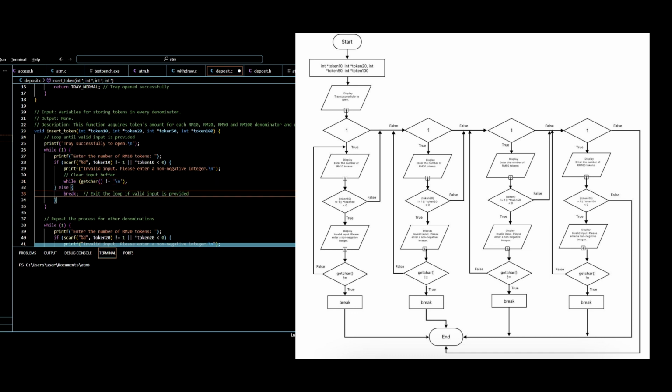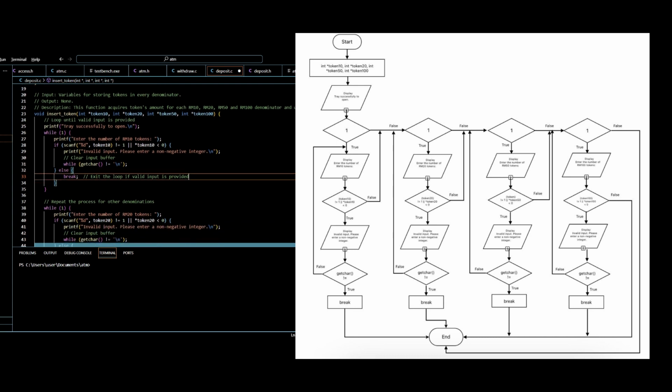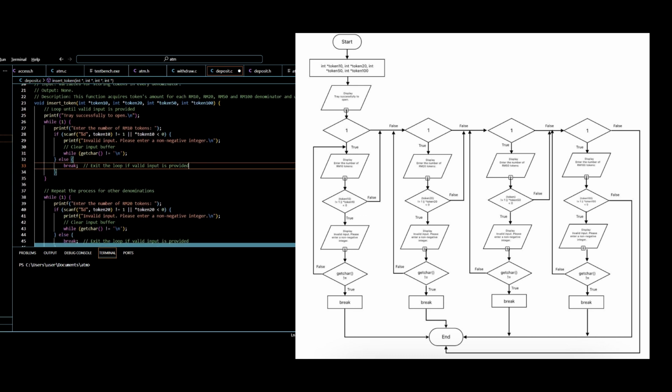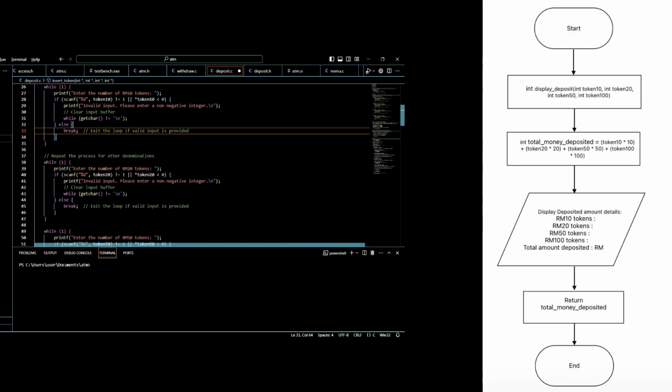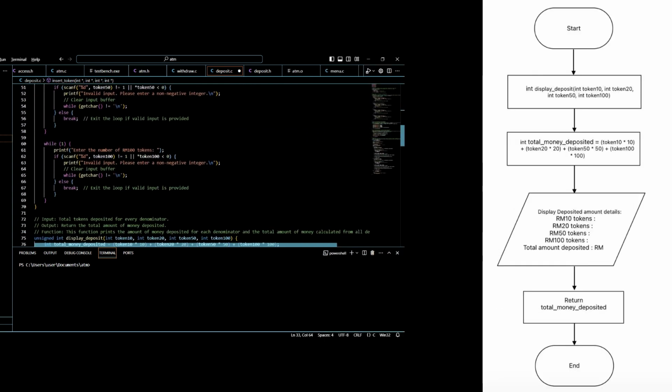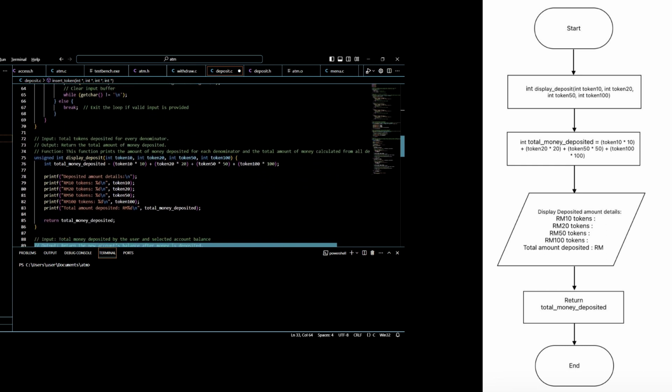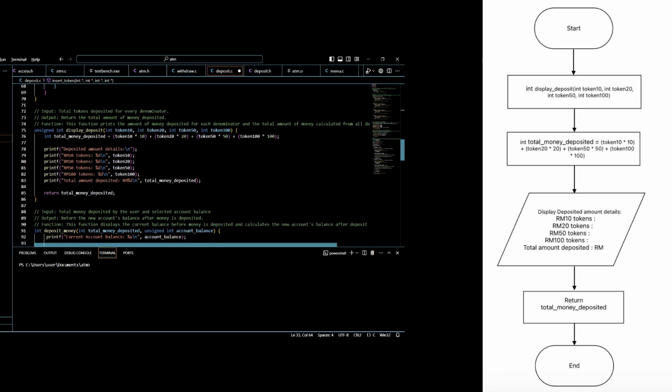And last one, repeat for the other denominations such as RM20, 50 and 100 tokens. For display deposit function, int total money deposit equals token 10 times 10 plus token 20 times 20 plus token 50 times 50 plus token 100 times 100.